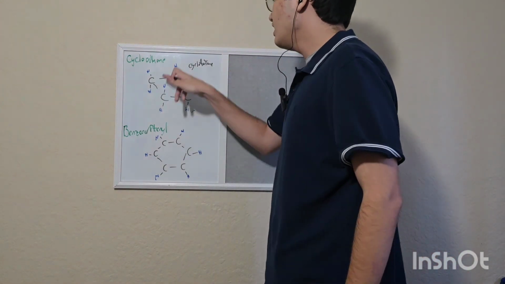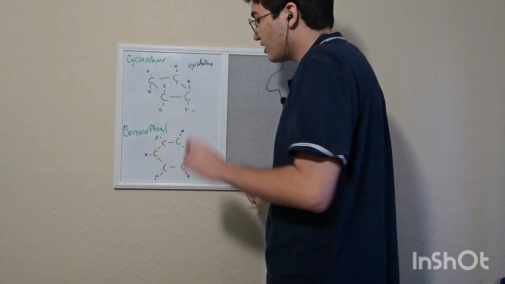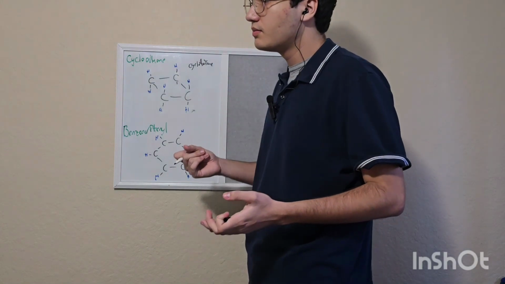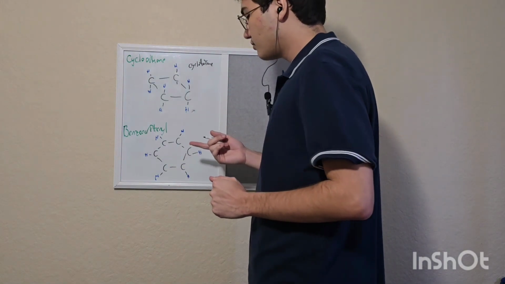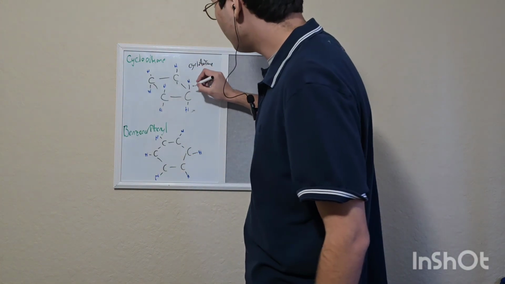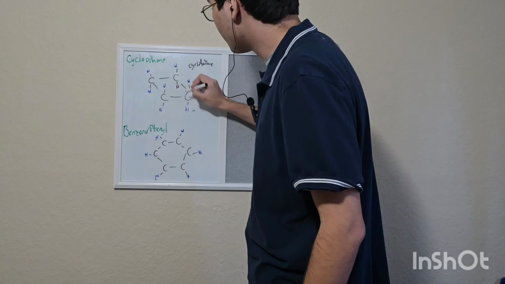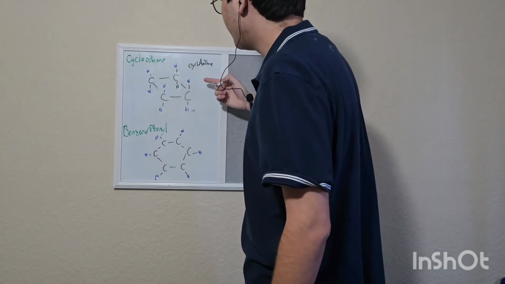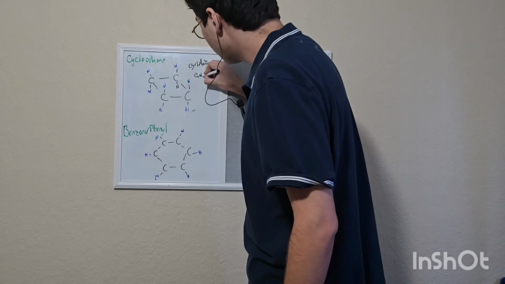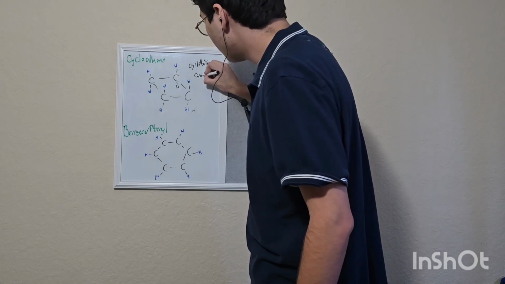Now, something interesting about the cycloalkanes is that they actually have a property similar to alkenes, surprisingly enough. For example, CnH2n.